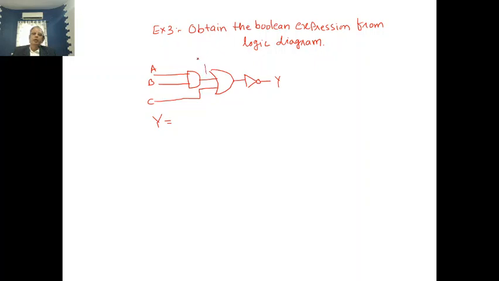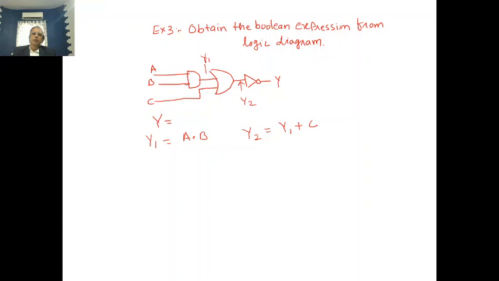Consider here the output of this AND gate is y1, output of this OR gate is y2. Then what is y1? We'll write y1 equal to a dot b. What is y2? y2 is y1 plus c.